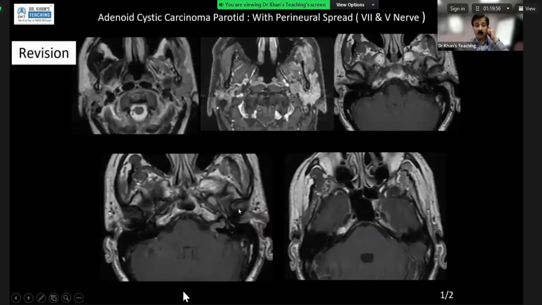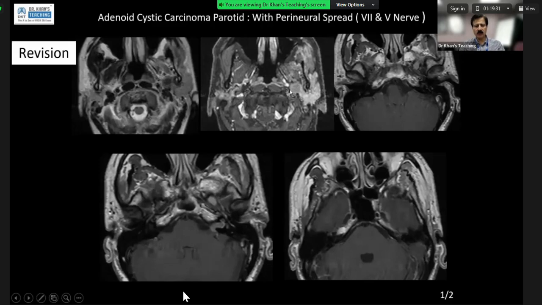Now, similarly, another part of anatomy is the stylomastoid foramen, where we know that the seventh nerve goes through the stylomastoid foramen into the parotid space. And this case I showed you last time, where this is the parotid gland.